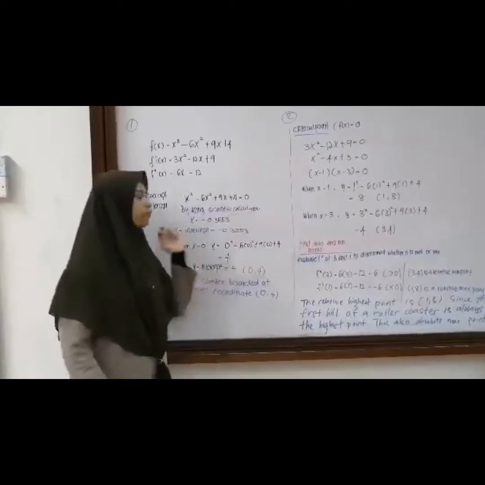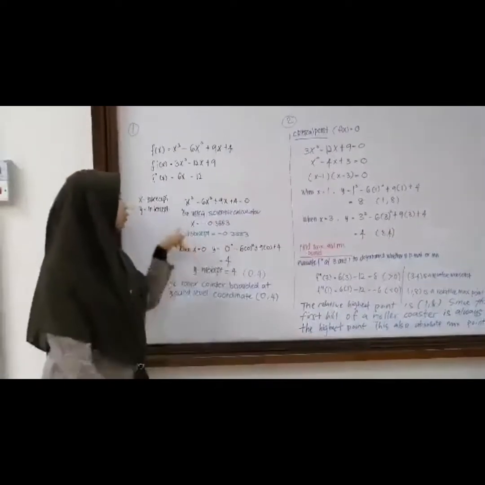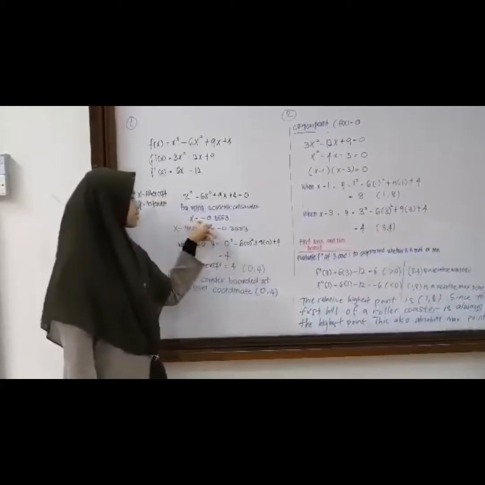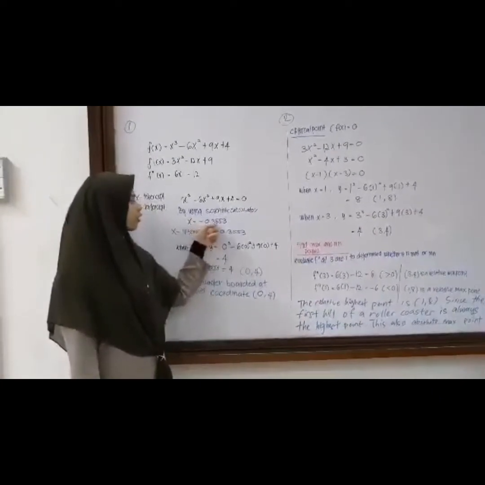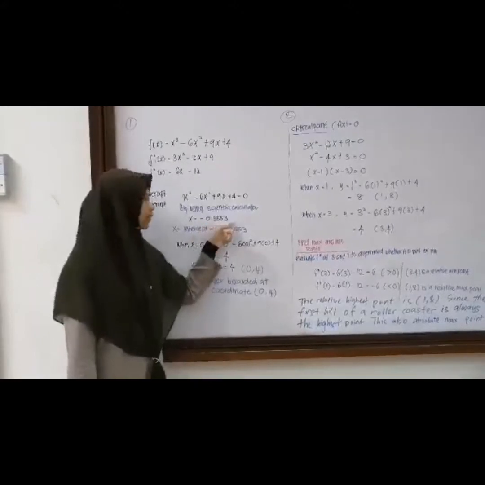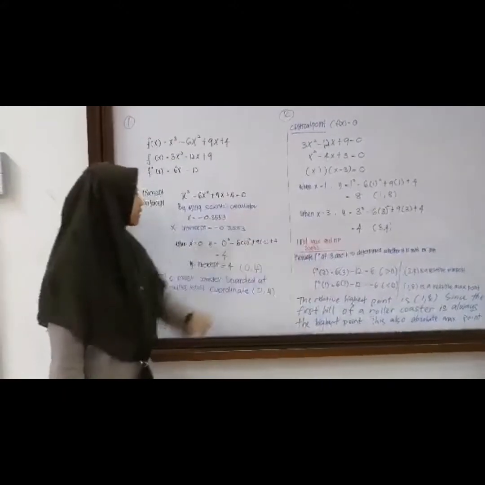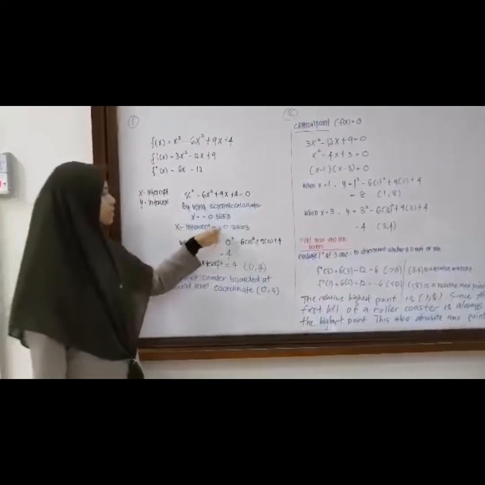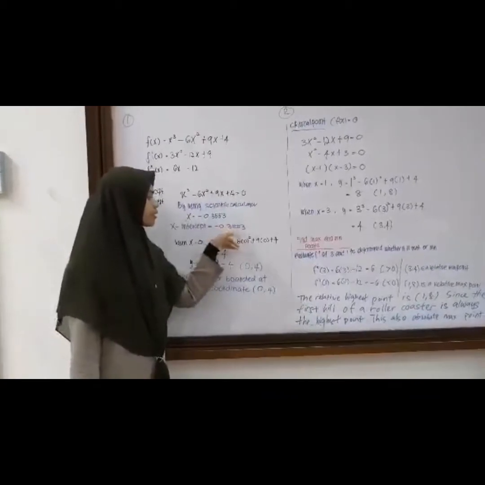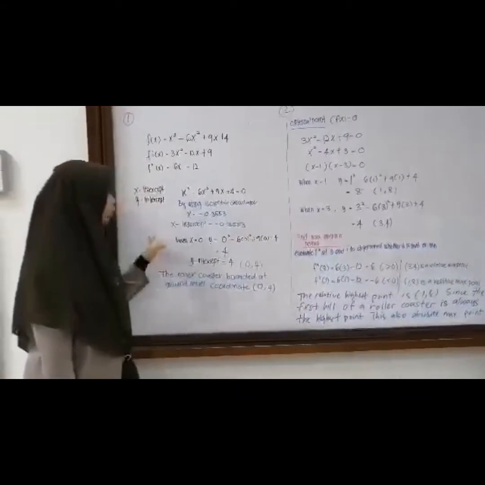By using scientific calculator, you will get x equal to negative 0.3553. You take 4 decimal places, and the x-intercept is negative 0.3553.